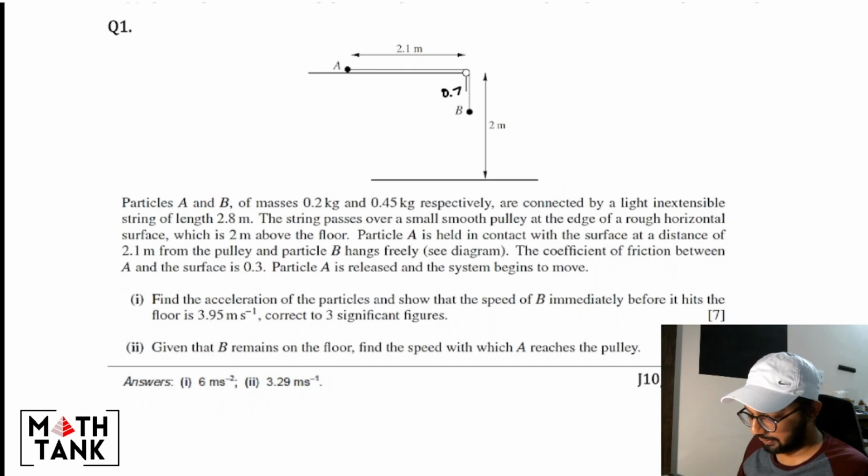The string passes over a smooth pulley at the edge of a rough horizontal surface which is 2 meters above the floor. So this surface is rough, which means that there's going to be friction involved.